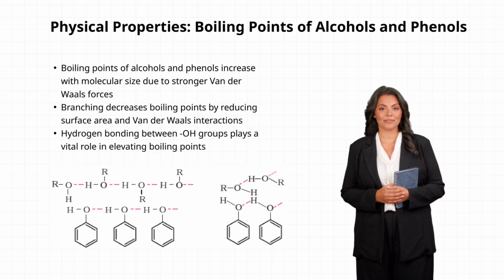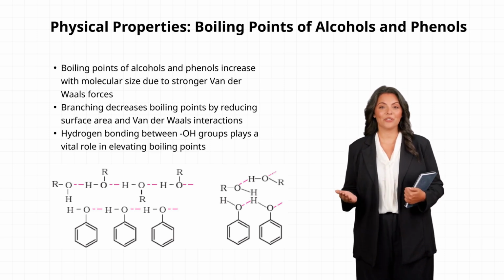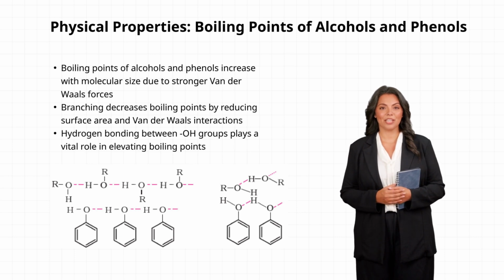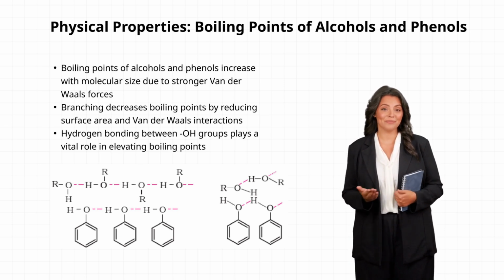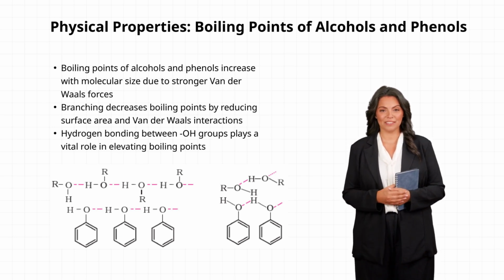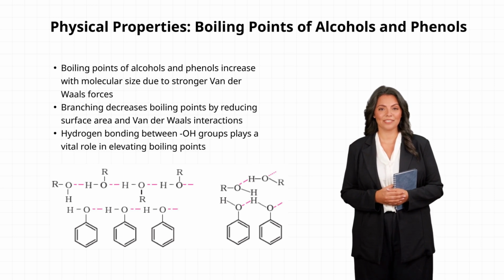For example, ethanol boils at 351 Kelvin, much higher than methoxymethane, an ether, at 248 Kelvin, despite both having a molecular mass of 46. Now, think about branching too. When alcohols have branching in their carbon chains, the surface area reduces, weakening van der Waals forces and lowering boiling points.